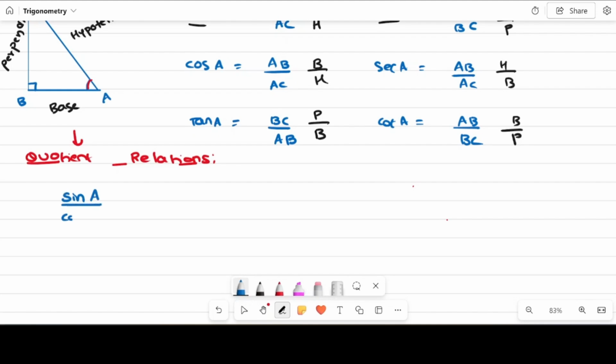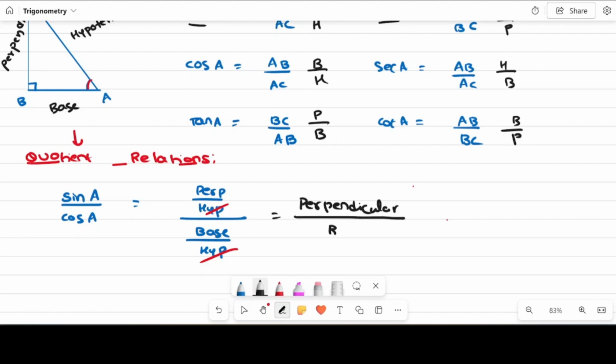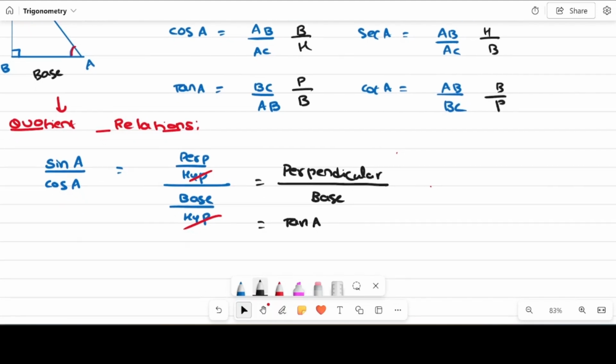Sine A by cos A, where sine is the ratio of perpendicular by hypotenuse, and cos is the ratio of base to hypotenuse. Now we know that the hypotenuse gets cancelled and we are left with perpendicular by base. And this ratio, the ratio of perpendicular to base, is nothing but our tan. That means we can write tan A is equal to sin A by cos A.